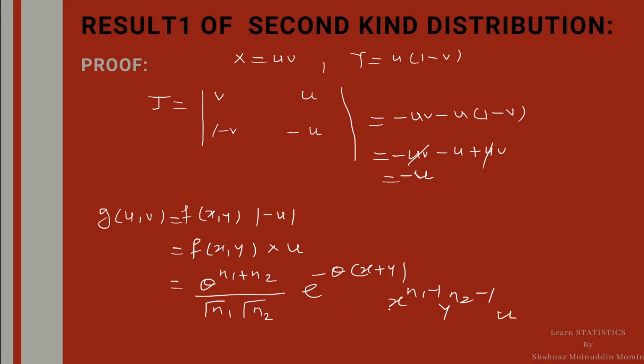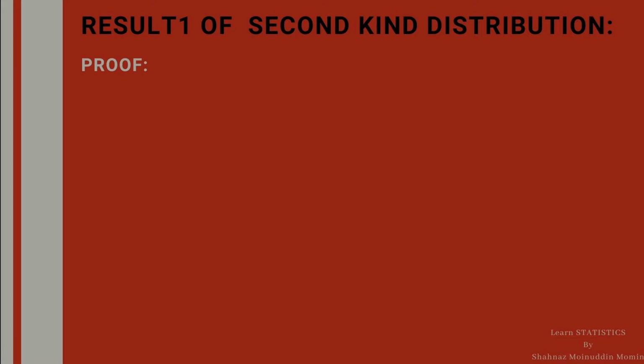Now we will substitute the values of x and y in terms of u and v, since we are going to calculate the joint PDF of variables u and v. So by substituting the values of x and y, we get g(u,v) is equal to, constants as they are, theta raised to n1 plus n2, gamma n1 gamma n2, e raised to minus theta into u, since x plus y is u, x raised to n1 minus 1.